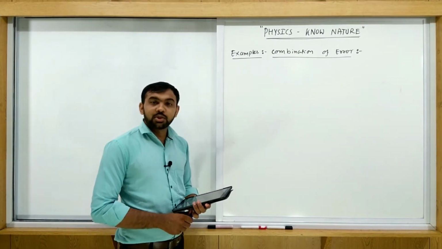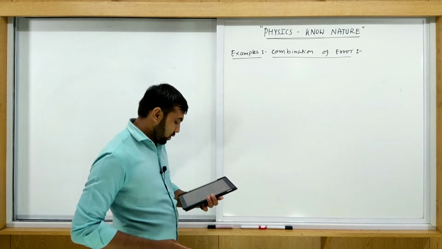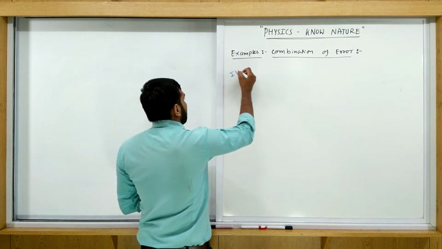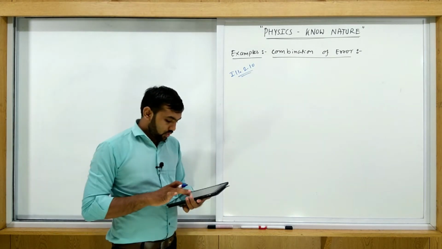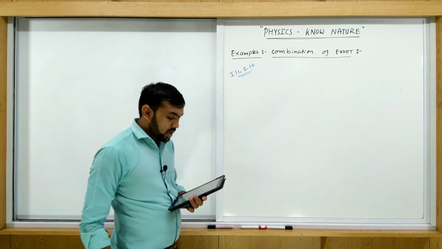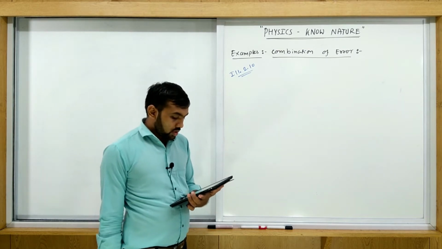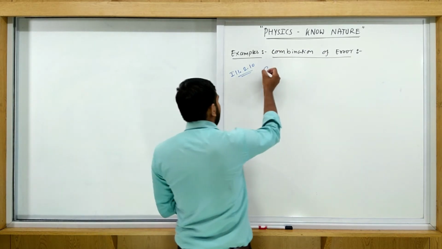Okay guys, let us come to the next example, illustration number 2.10, page number 27. Okay, what is this problem? Two resistances, let's write the given data.